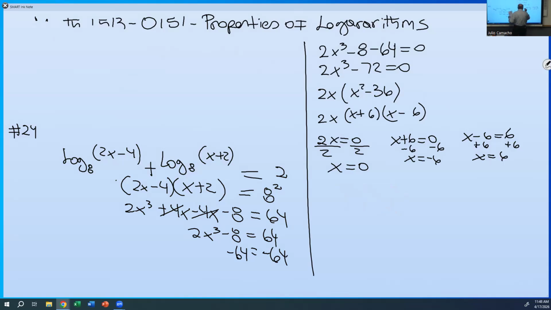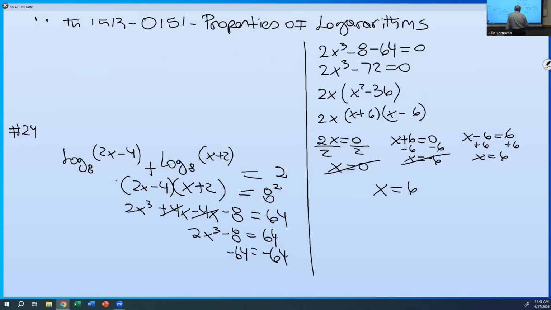Let me go back. You cannot have a 0 as an exponent because you cannot take the log of 0 or a negative number. So this one is cancelled, and this one is cancelled. And the only answer that you have for this one will be x is equal to 6. Again, the exponent has to be greater than 0, a positive number.